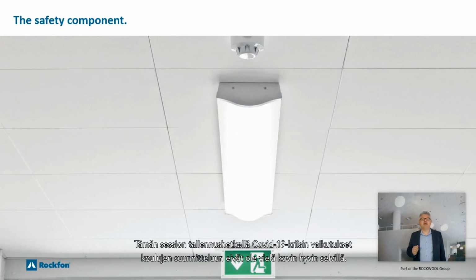At the moment of recording this session, the effects of the COVID-19 crisis on school design were not very clear. It can lead to minor design tweaks or to whole program shifts.